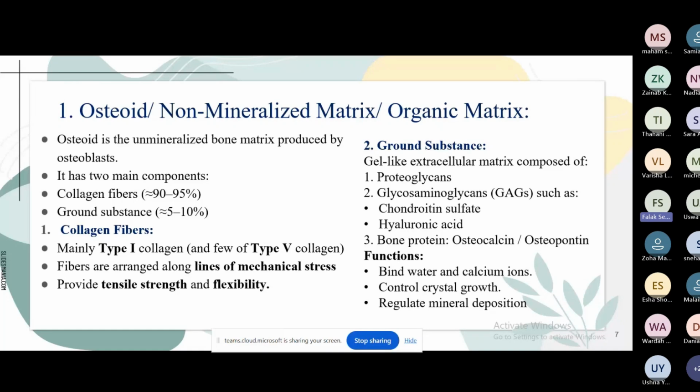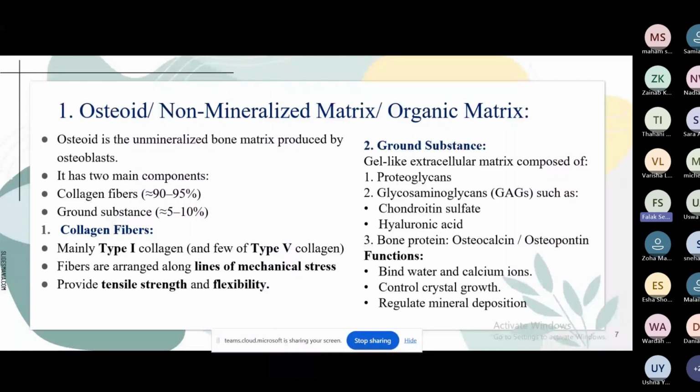This is actually a gel-like extracellular matrix that is composed of proteoglycans, glycosaminoglycans, for example, chondroitin sulfate, hyaluronic acid, and certain bone proteins like osteocalcin and osteopontin. The main function of the ground substance is that it binds water and calcium ions and is responsible for the control and regulation of crystal growth and mineral deposition as well.